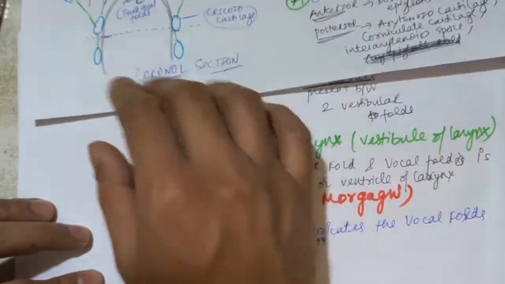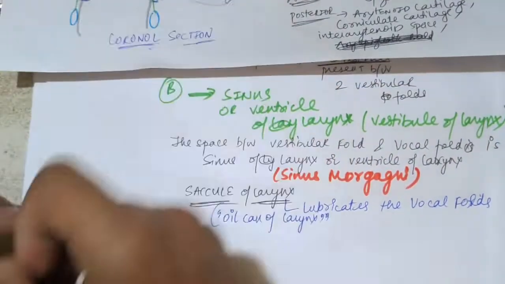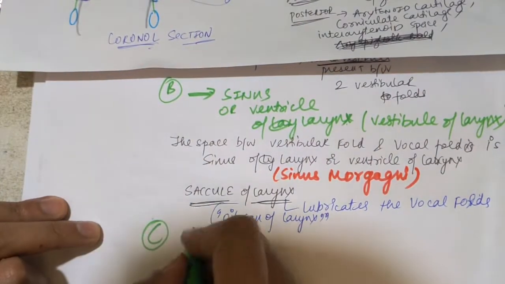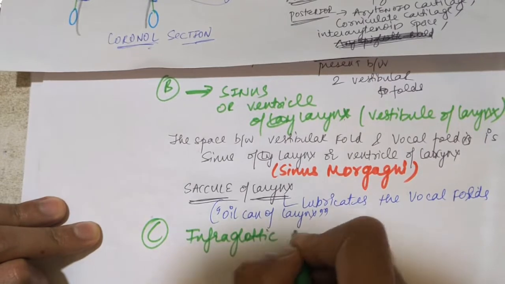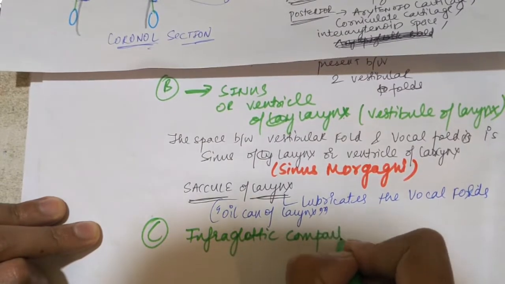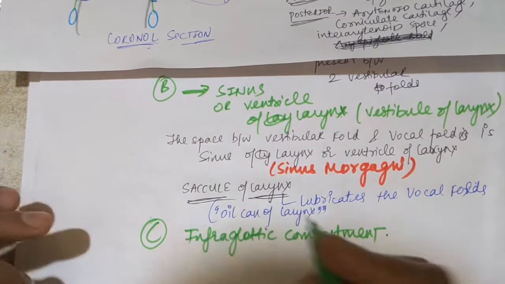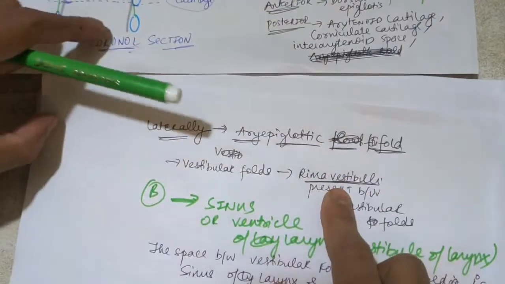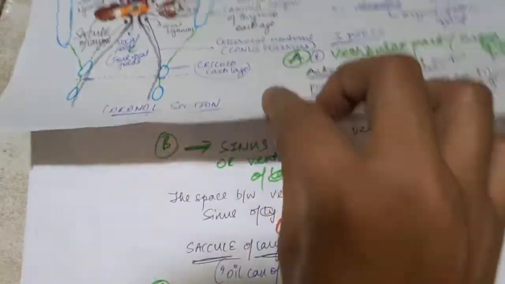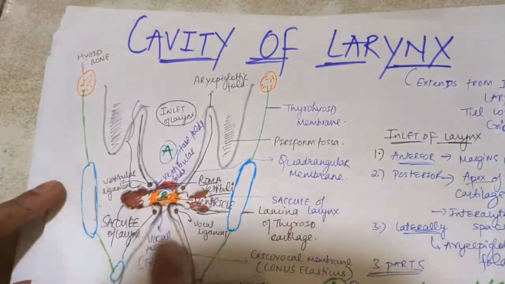Now part C. What is called part C? Part C is called the infraglottic compartment. Like the rima vestibuli, there is also a space I forgot to tell you, the space between the true vocal cords.